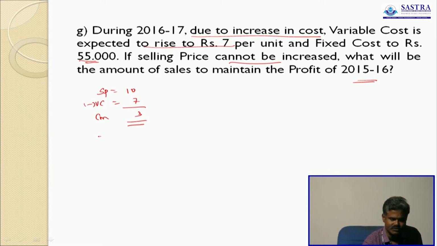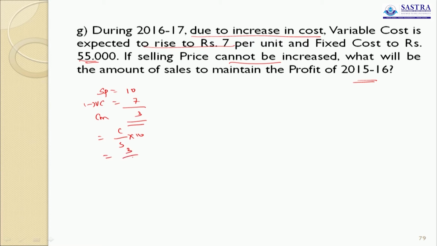PV ratio equals contribution by sales into 100. So, contribution is 3, sales is 10. Based on this PV ratio, you have to calculate the required sales value if we have to maintain the profit of the year 2015-16. So, now you have to apply this formula: fixed cost plus desired profit, this profit is for 2015-16, divided by revised PV ratio.